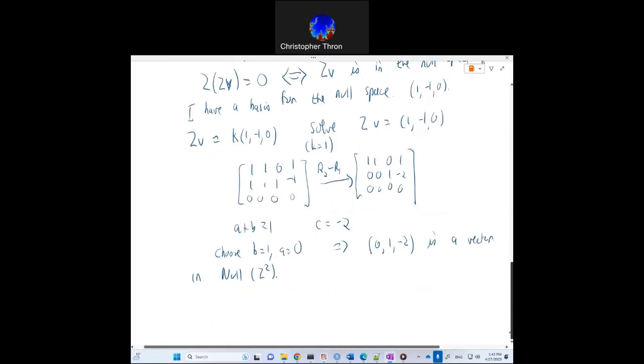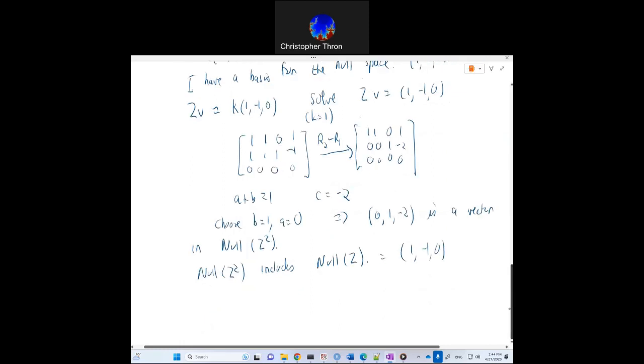Now the null space of z squared also includes the null space of z. That was equal to (1, -1, 0). So that means the null space of z squared is equal to the span of (1, -1, 0) and (0, 1, -2).